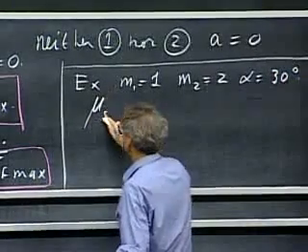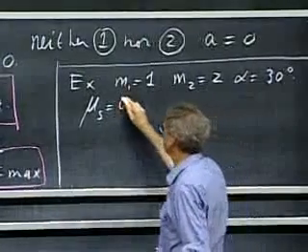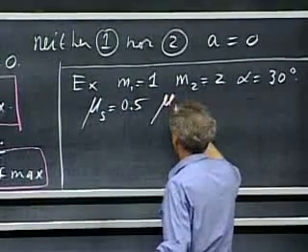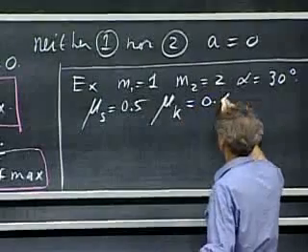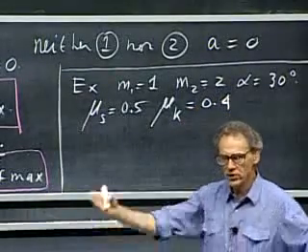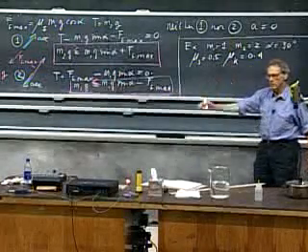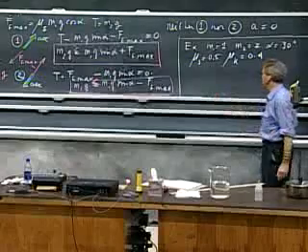I take a static friction coefficient, which is 0.5. And I take a kinetic friction coefficient, which is a little less, which is 0.4. The question is now, is it going to accelerate uphill, or accelerate downhill, or no acceleration at all?